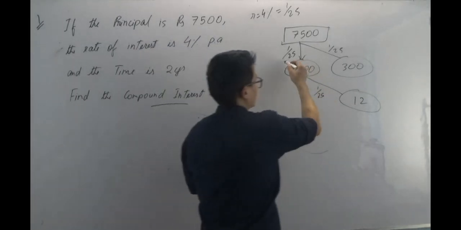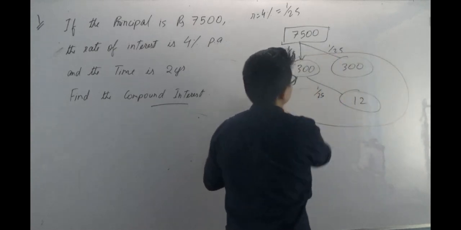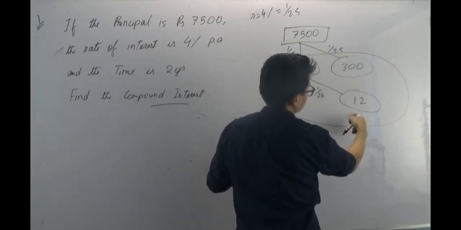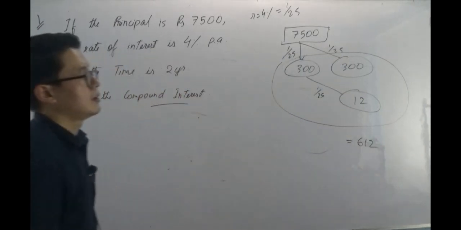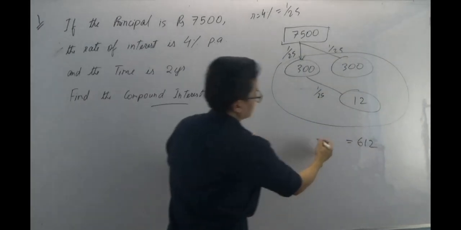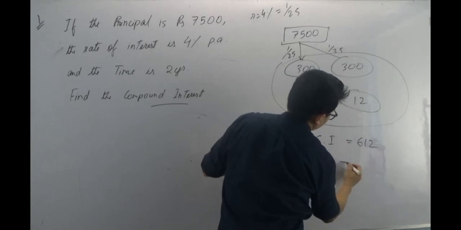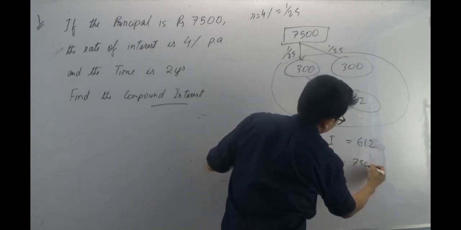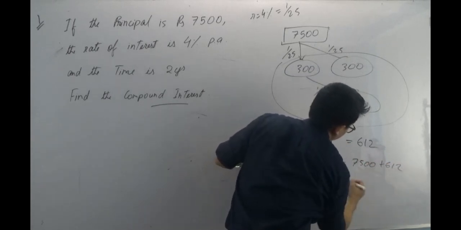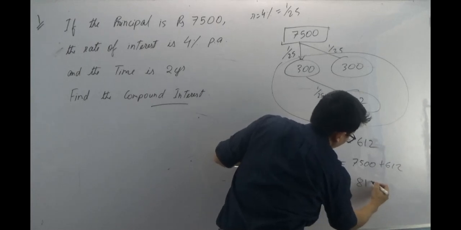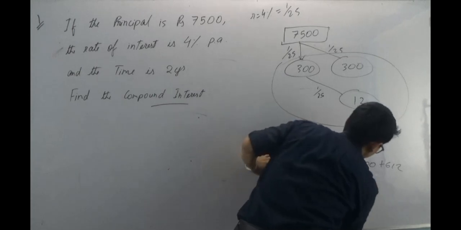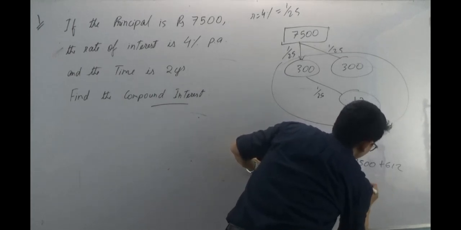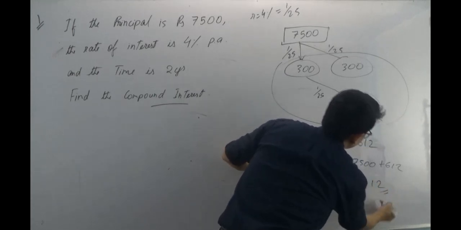Compound interest: 300 plus 300 is 600, plus 12, 612. This is the compound interest amount. 7500 plus 612, that is 8112.